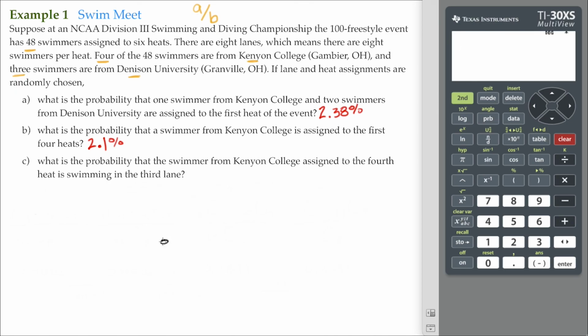There are 8 swimmers in a heat. What's the probability that the Kenyon College swimmer is assigned to the 3rd lane? That's simply 1 out of 8, and 1 out of 8 is 12.5%. And there's your introduction to using combinations on your calculator.